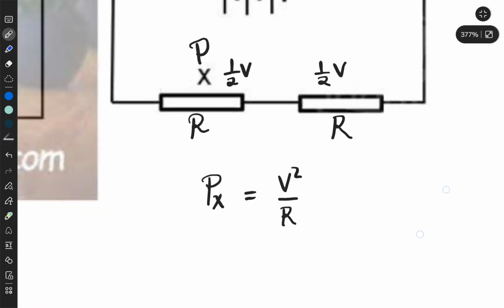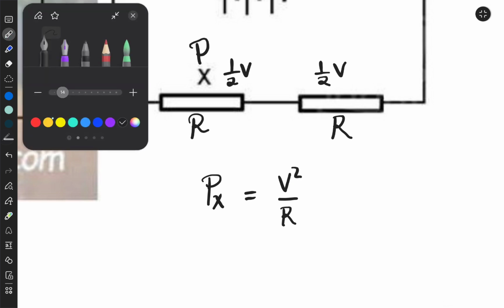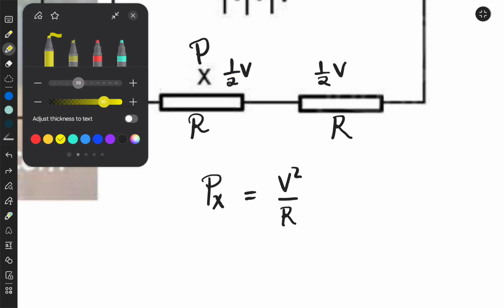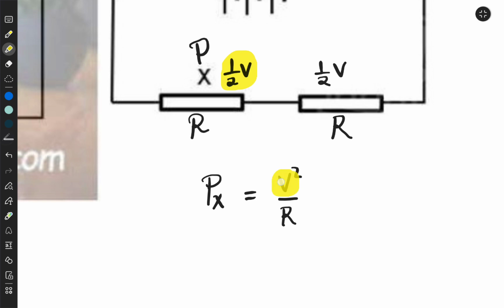If we substitute for resistor X, we substitute 1 over 2 V. That's our value for this one. Remember, P is equal to V squared over R is just a formula.